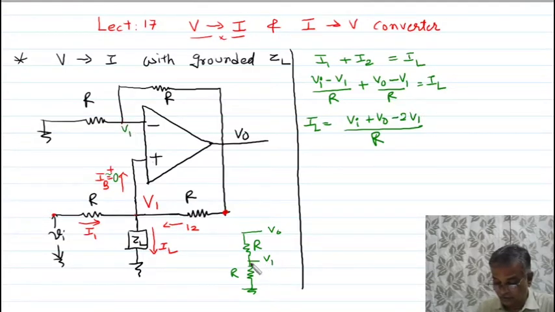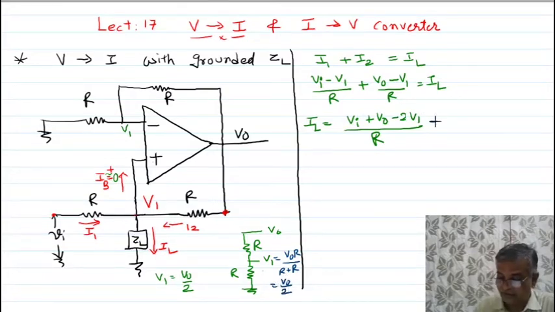So what is V1? V1 is nothing but VO by 2, because both resistors have the same value. V1 is the applied voltage VO into this resistance upon the total resistance, VO into R upon R plus R, which is VO by 2.